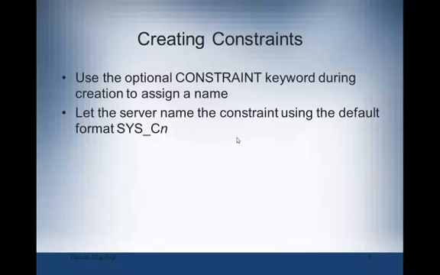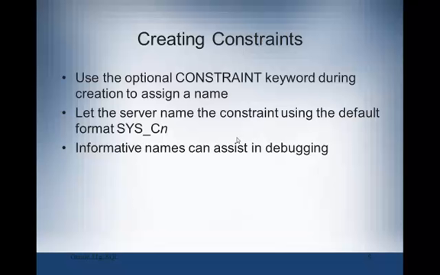The name will not reflect the purpose of the constraint, the type of constraint, or the table and fields for which the constraint pertains. So providing your own name for the constraint is a very good habit. You should use informative names when creating your constraints, because that can assist in debugging problems later on.